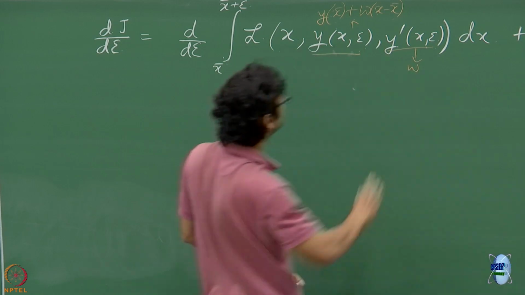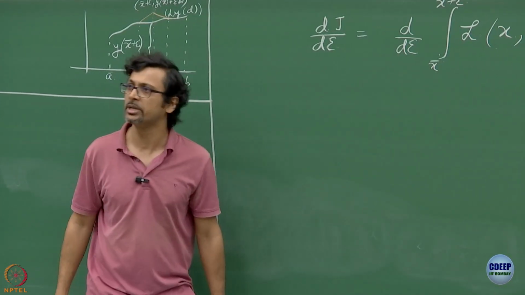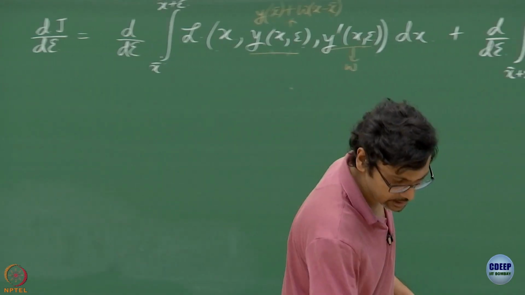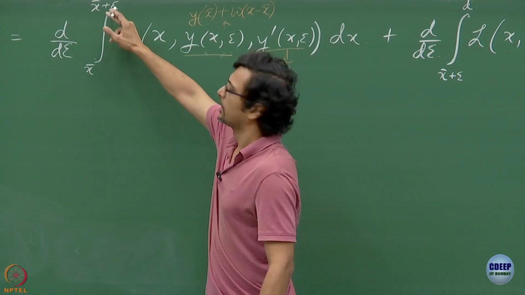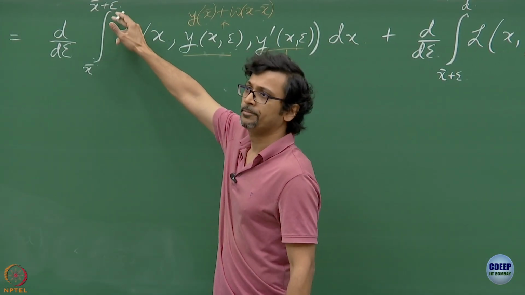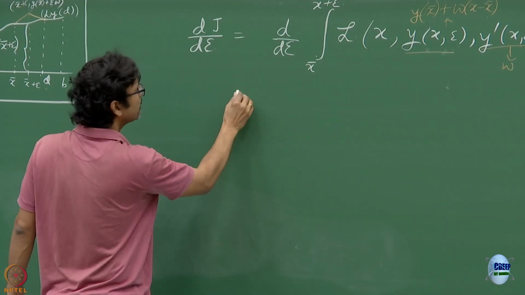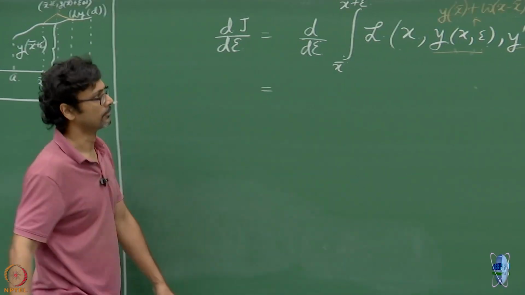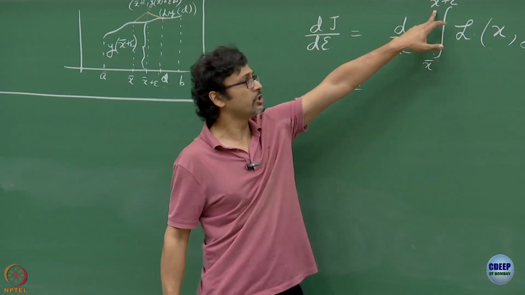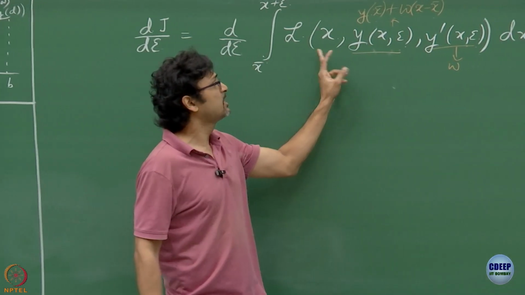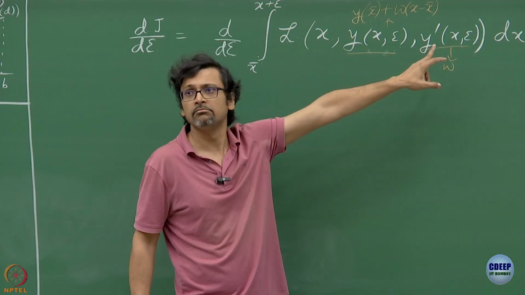So no dependency of the integrand on the epsilon term here, and hence applying Leibniz rule, the only place where the epsilon dependency shows up is in the upper limit of the integral. So what should we do? What's the term we pick up from here? Differentiate this with respect to epsilon, that gives 1, and substitute x bar plus epsilon wherever there is x.